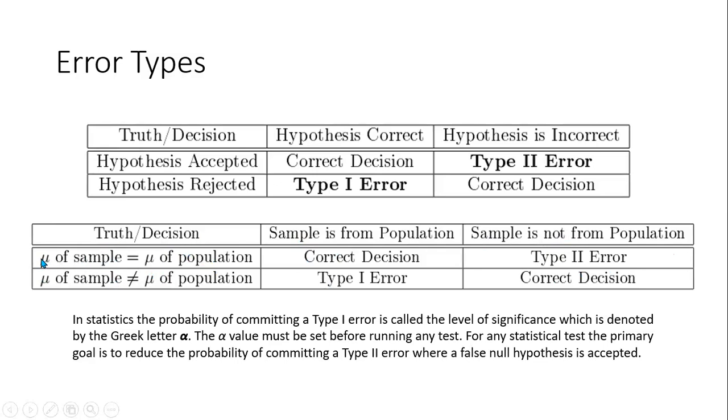Either you have made the decision sample mean and population mean are the same, or they're not the same. So let's say you have decided that the sample mean is equal to the population mean. And in the case the sample is indeed from the same population, you have made the correct decision.